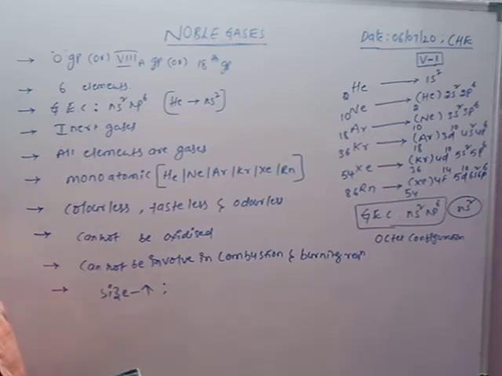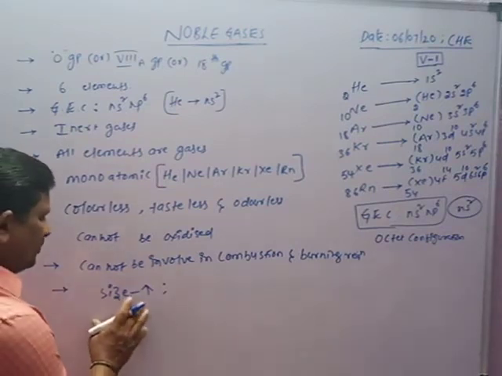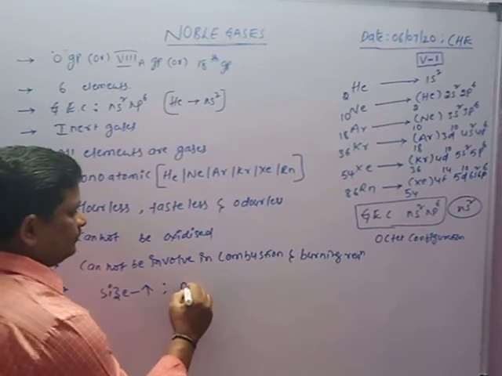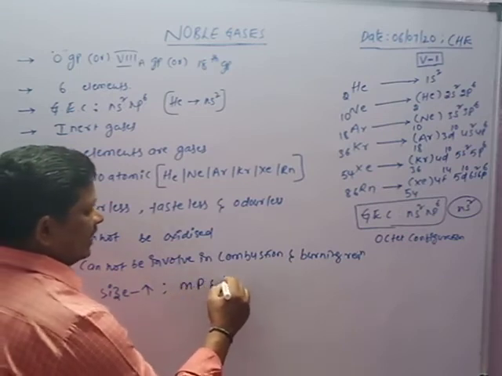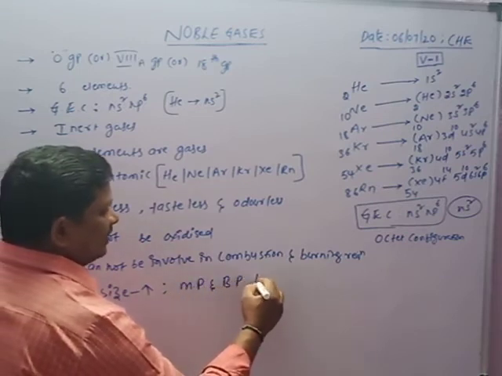Also, in noble gases, van der Waals forces are present, which means weak forces. Due to very weak interatomic attractions and van der Waals forces, boiling and melting points decrease from top to bottom. Size increases, and melting and boiling points are very low.